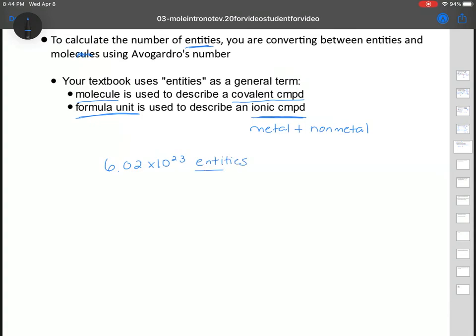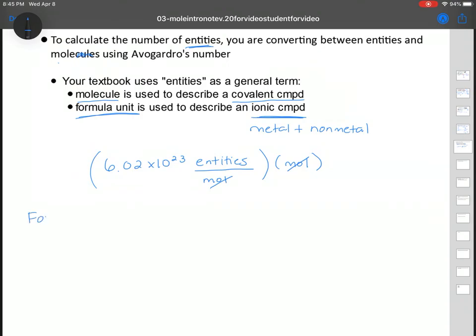Entities per mole. So when we do per, you write it in the bottom. And then, in order to convert between moles and entities, you want to cancel that mole out. If the moles is in the bottom, how do you cancel it out? You multiply.